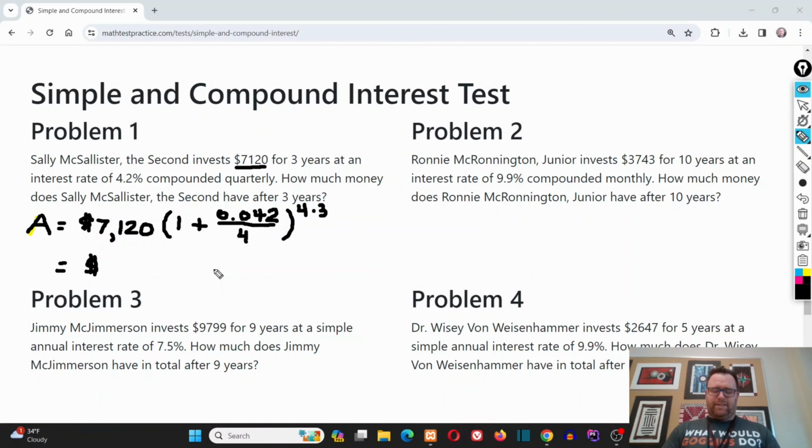And then we're going to use that X to the Y button and raise it to the 12th power. And in that case, we get $8,070.785, so I'm going to round it to the nearest penny, $8,070.79.